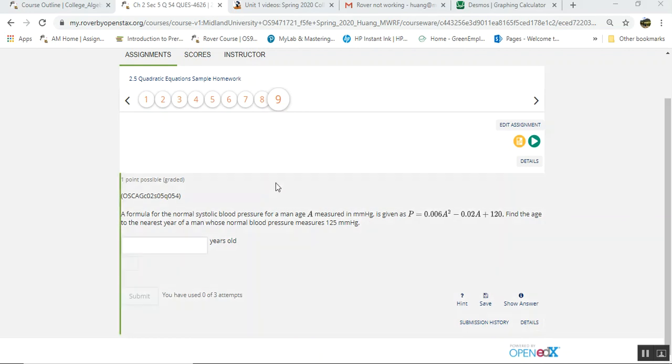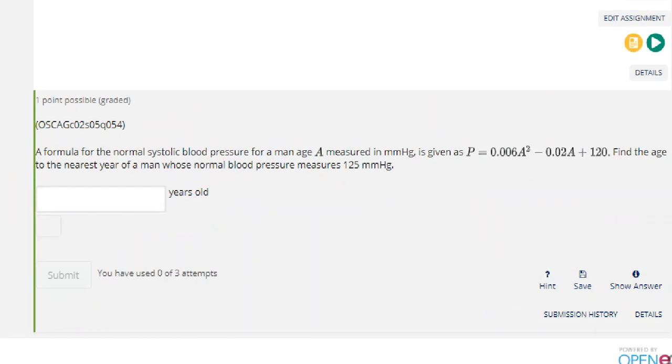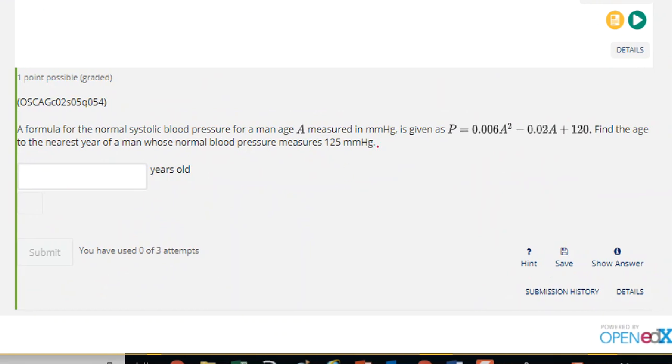Now let's take a look at the very last problem, another application here. This quadratic function is given as a model for the systolic blood pressure of a man age A. So A represents the age.